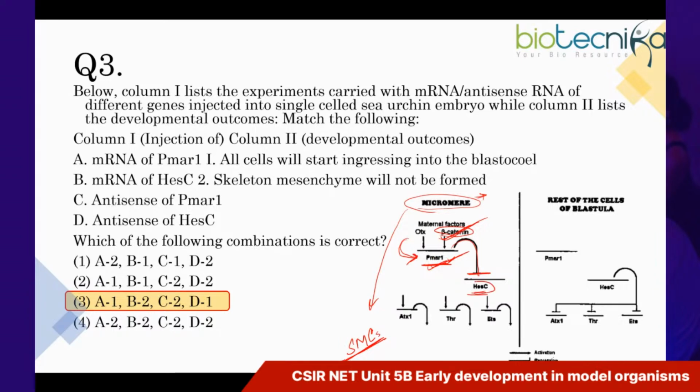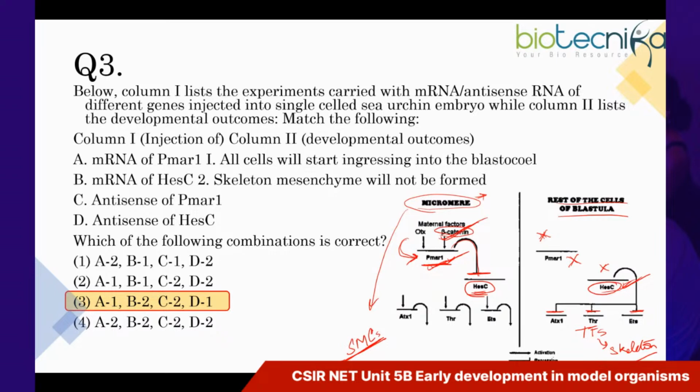And if you see here, in other cells where beta-catenin is not there, PMAR also is not there. So PMAR cannot inhibit HESC, so HESC will be present. In those other cells, HESC blocks the transcription factors needed to form skeletogenic mesenchymal cells.